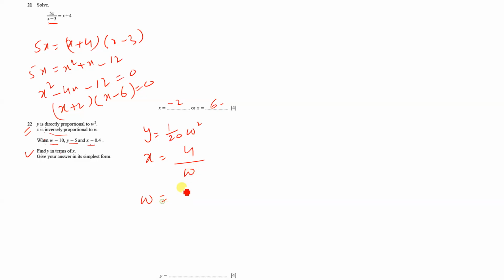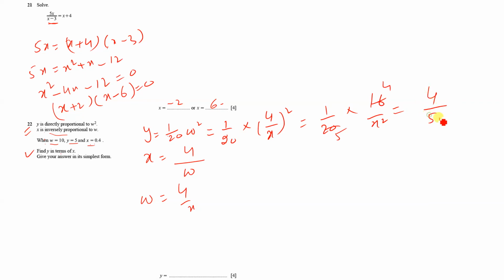So w is 4 over x. So substitute this value into this. We have 1 over 20 times 4 over x square. And this is equal to 1 over 20 times 16 over x square. So 4 5s are, 4 4s are, and this is equal to 4 over 5x square.